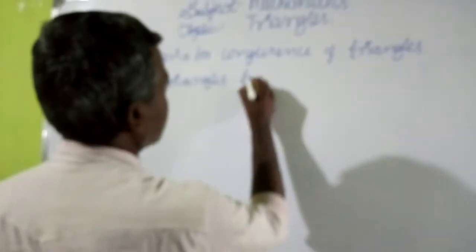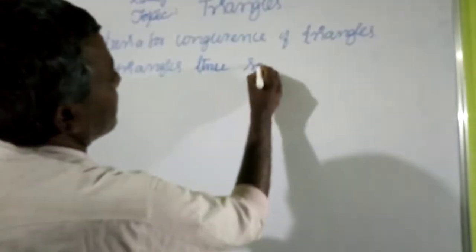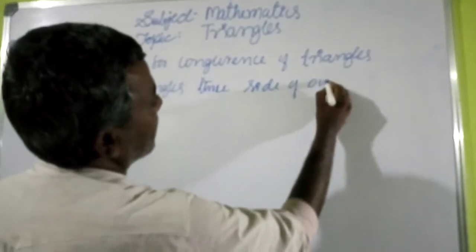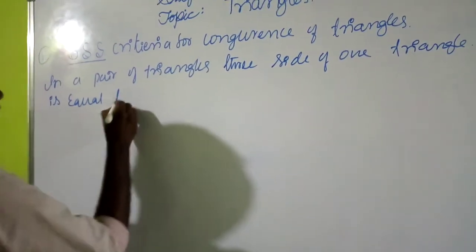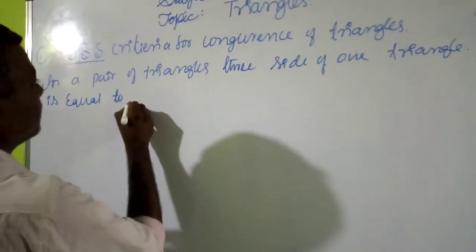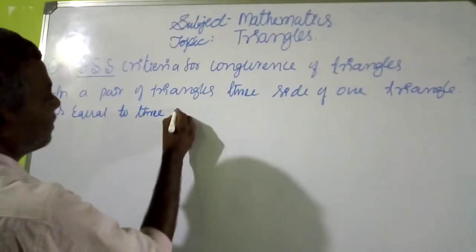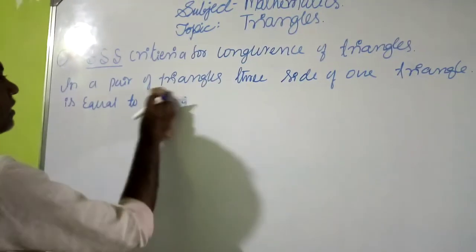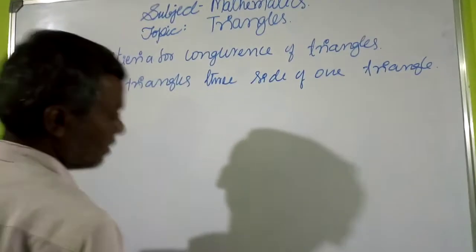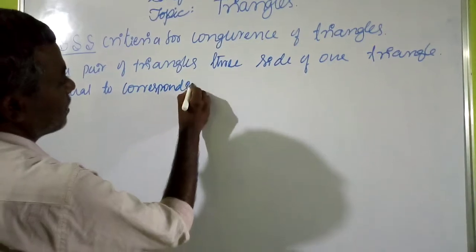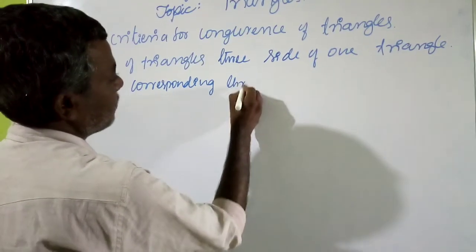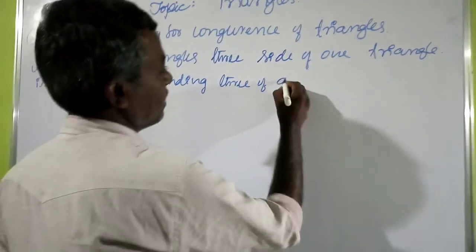So these three sides of one triangle are equal to the corresponding three sides of another triangle.